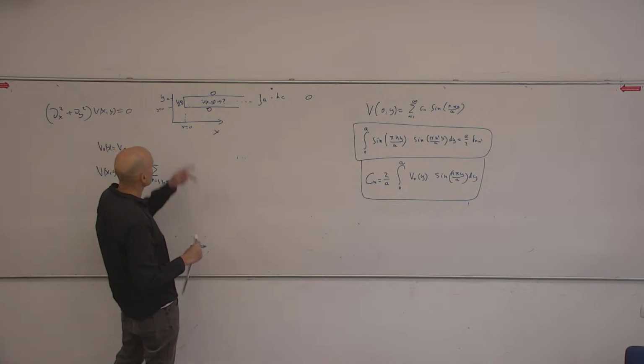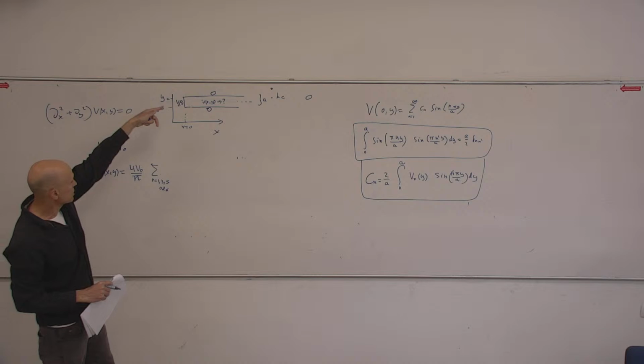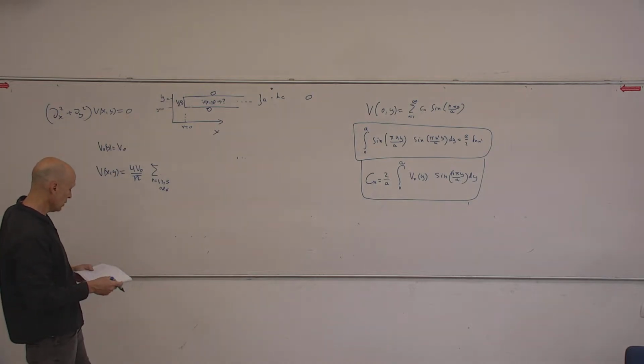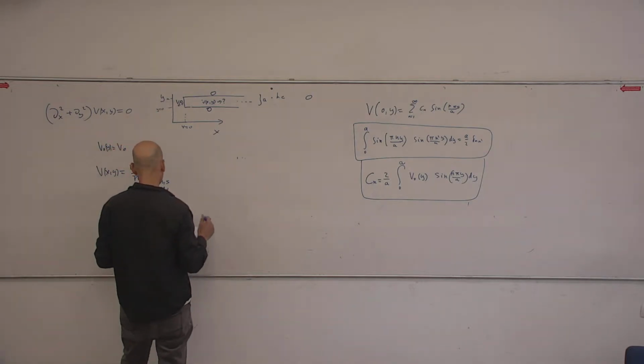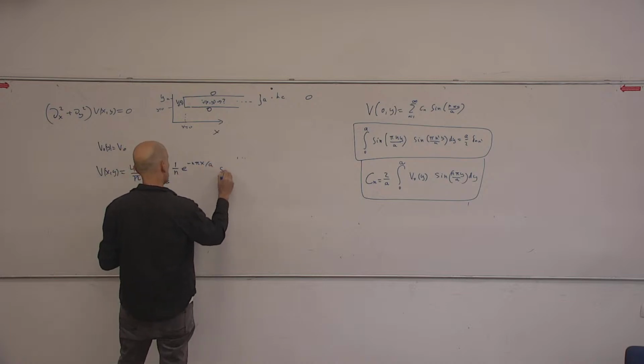This is to be expected because of this symmetry that I mentioned. And then you need to have this sum, 1 over n, e to the minus n pi x over a, sine pi n y over a.